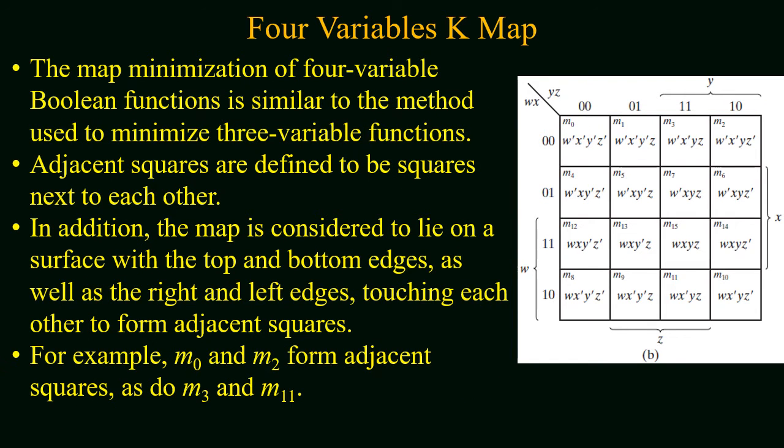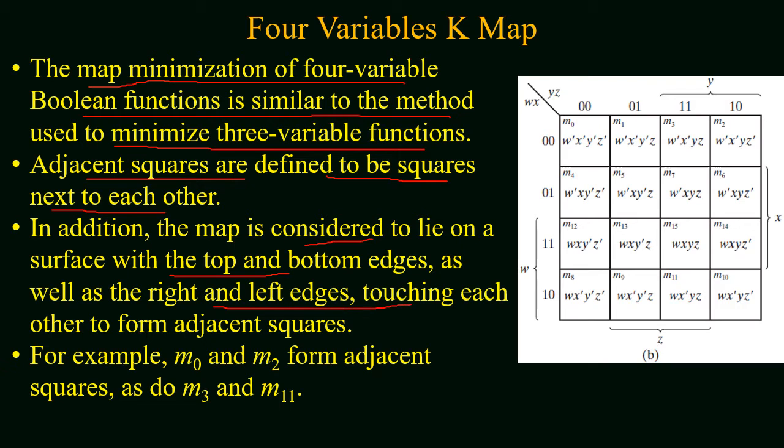Now for simplification purposes, the map minimization of a 4-variable Boolean function is similar to the method used for 3-variable functions. Like at first, we will define the adjacent squares. All those squares which have a difference of 1 bit are known as adjacent squares. Previously, we considered the map of 3 variables to lie on a surface whose left and right edges are connected.